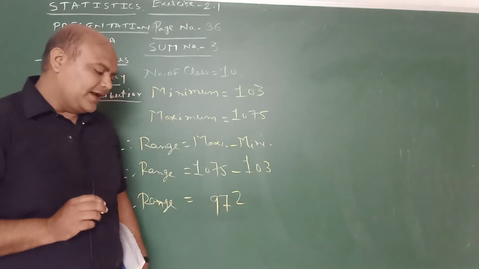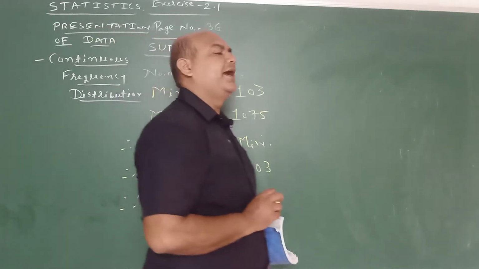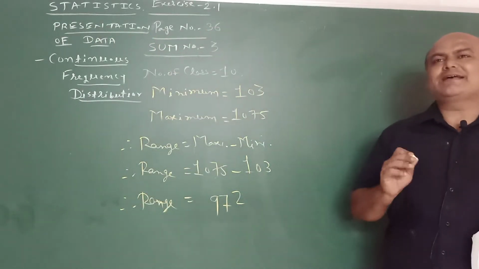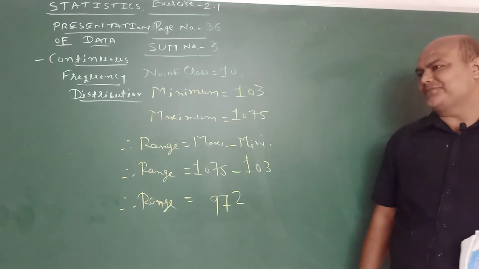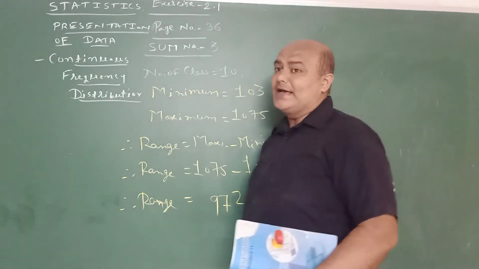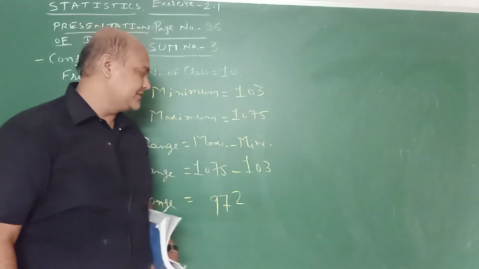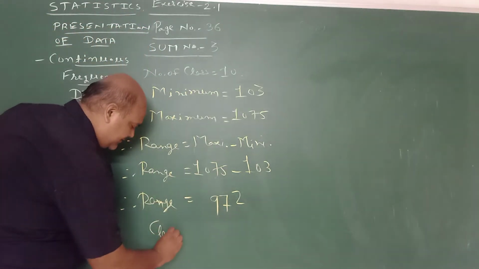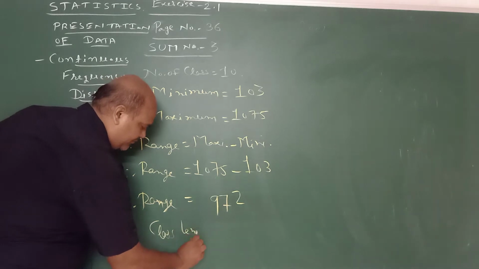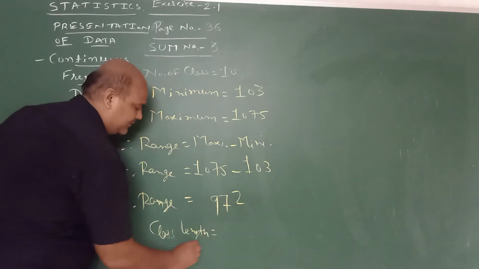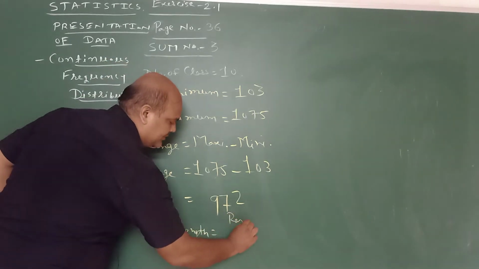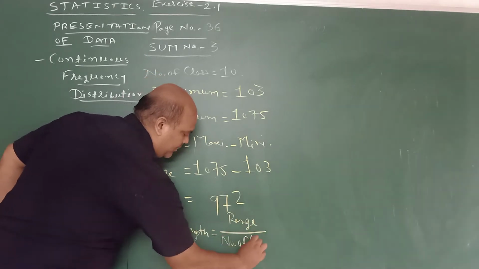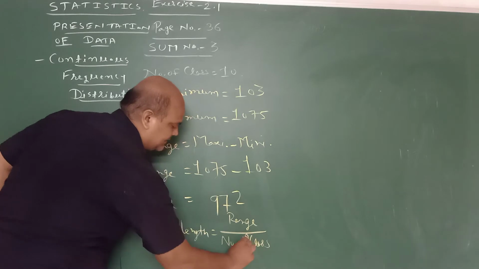Now the question arises, my dear friends, in our mind, that what is the class length? What class length we should consider here? For that, one formula is there. You all remember this. The class length is equals to range upon number of class.